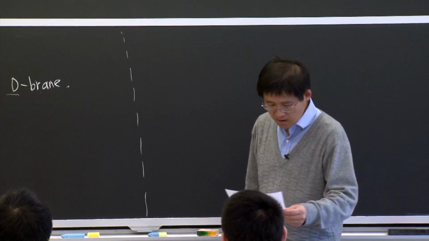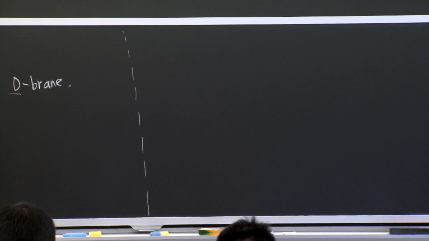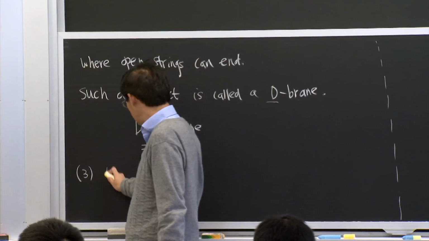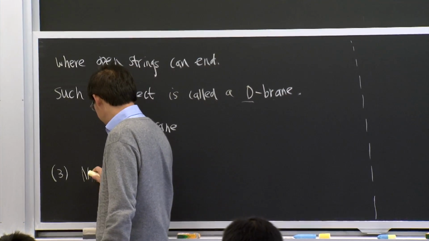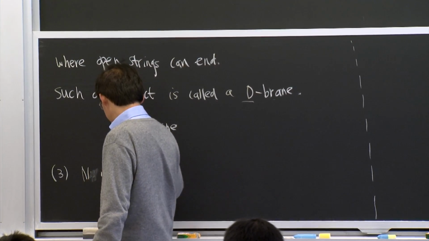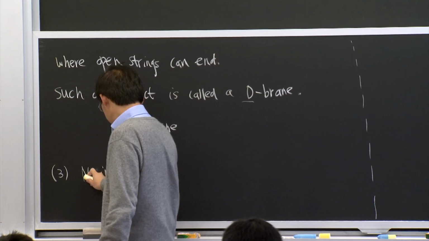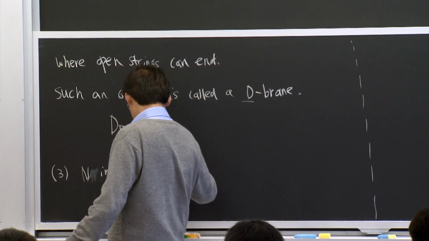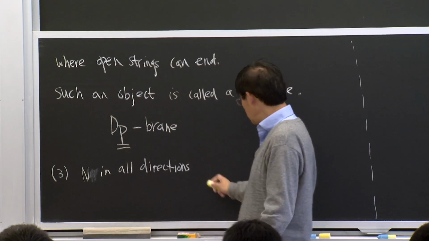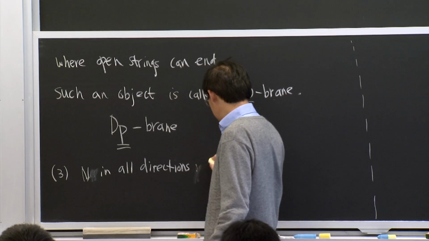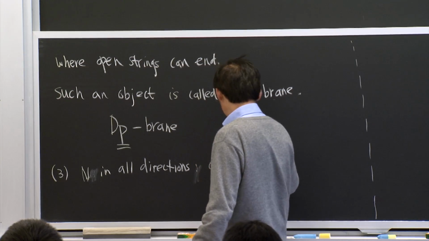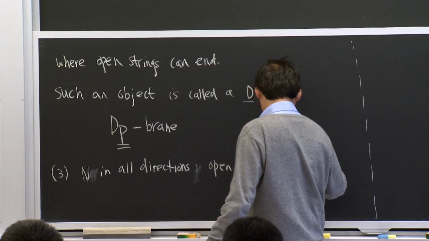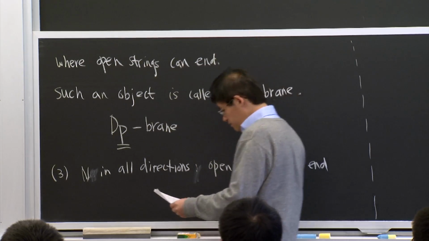Okay. And so also from this perspective, our previous Neumann boundary condition, if we have a Neumann boundary condition in all directions, then in this case, the open string can end everywhere, anywhere.